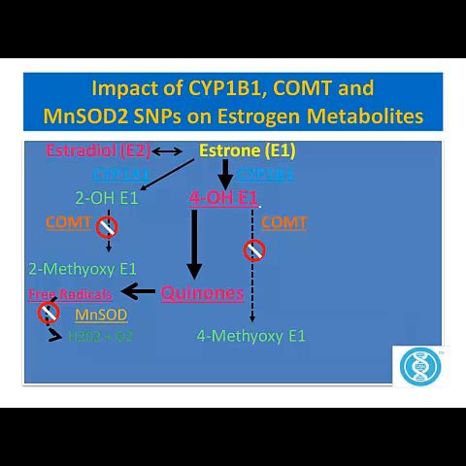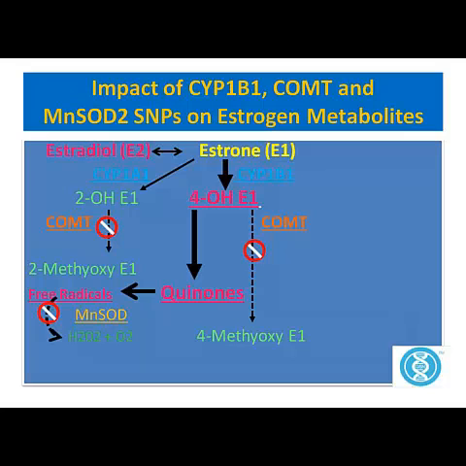So what is it then about a SNP on COMT that increases a woman's risk? Remember, COMT is responsible for methylating 2-hydroxy and 4-hydroxyestrone. A SNP on COMT decreases the activity of this enzyme, routing 4-hydroxyestrone to the 3,4-estrone quinones, depicted here by the bold arrow, and resulting in higher levels of this DNA-disrupting estrogen molecule.